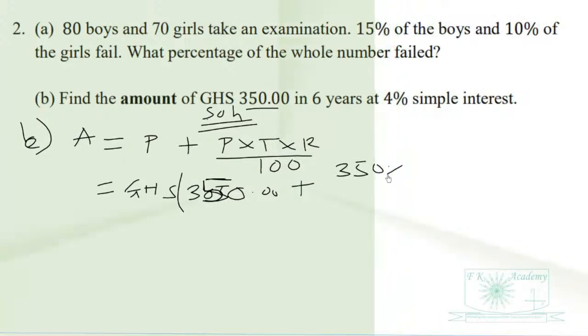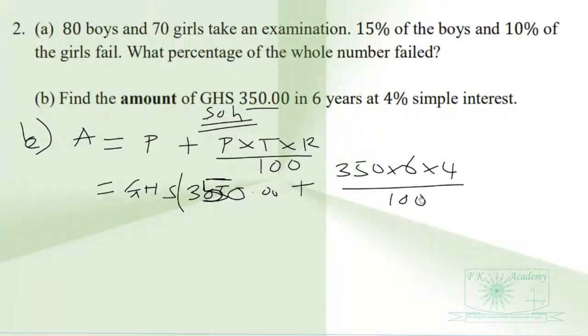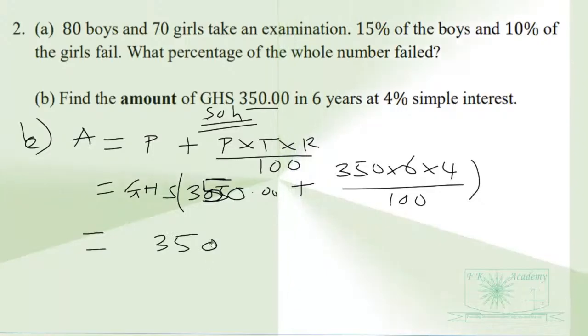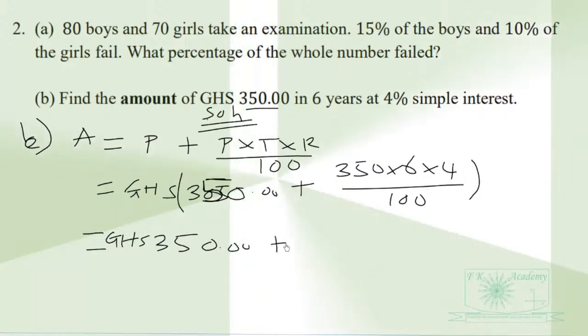350 times the time, which is 6 years, times the rate, which is 4%. So this will give us 350, all in Ghana cedis, adding it to this.